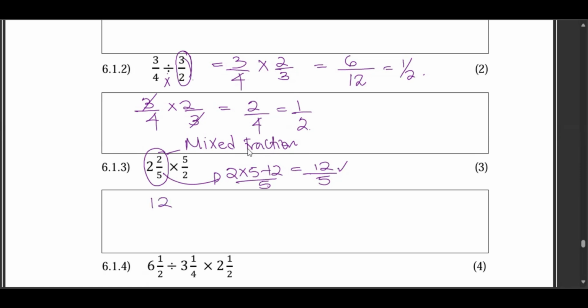So my fraction has become 12 over 5 times 5 over 2. When we look at it critically, this goes with that. You remain with the 12 divided by 2. The answer becomes 6.